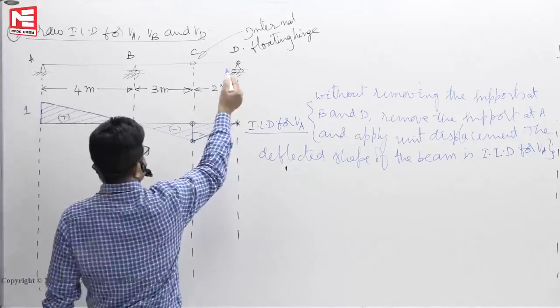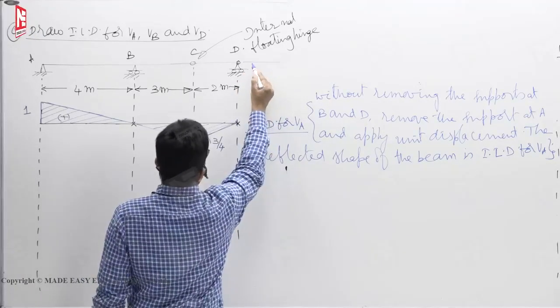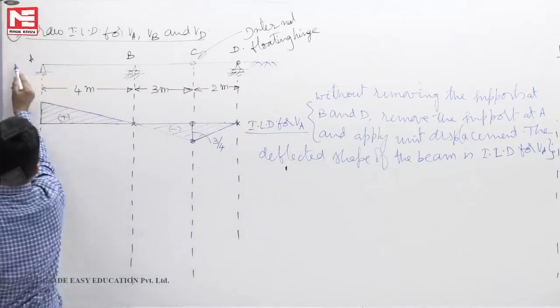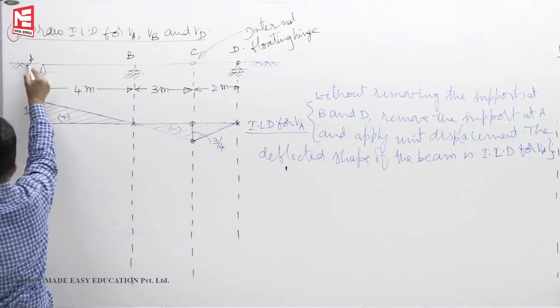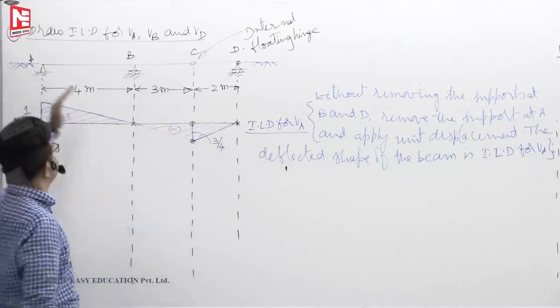I told you, whether they give you anything here or not, you must idealize or visualize that there must be a ground here. Now ABCD is a bridge, let us say.